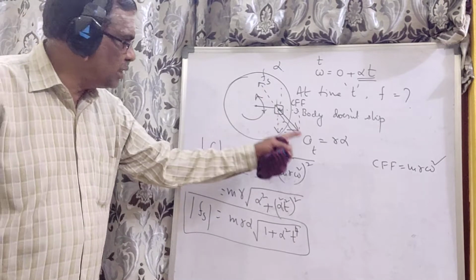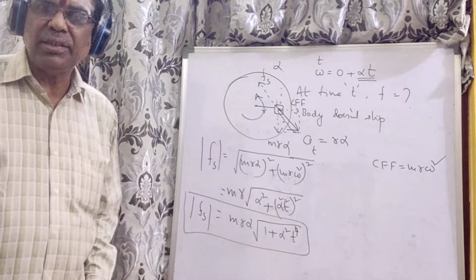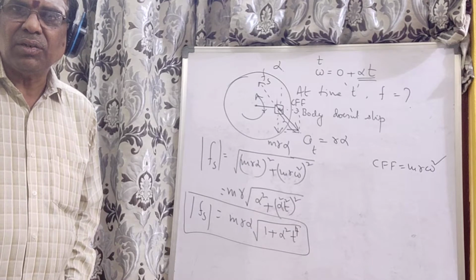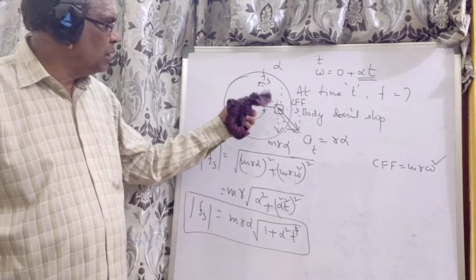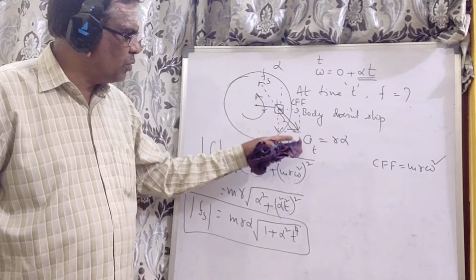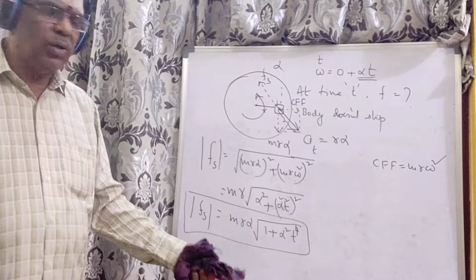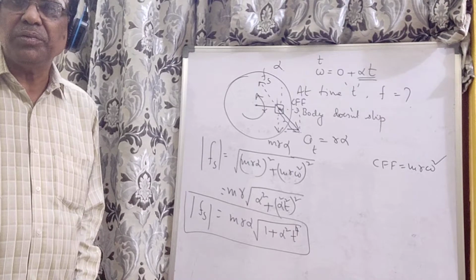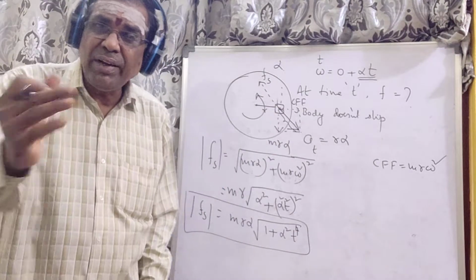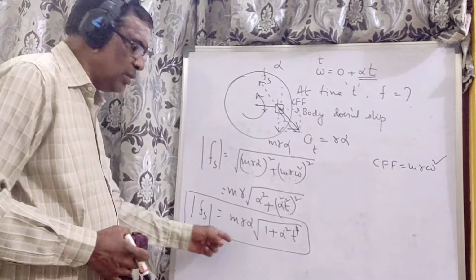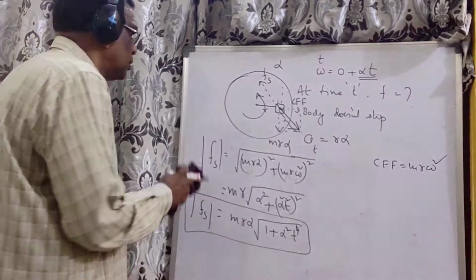This is the net pseudo force, so opposite to that you are going to get that. Because Fs minus all these forces is equal to 0. Net force is 0 because there is no relative acceleration of the body. This is a very, very important concept.